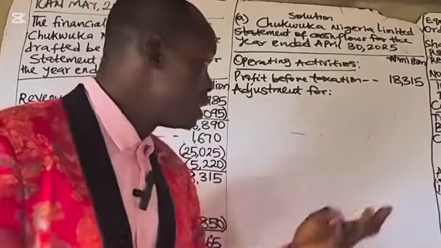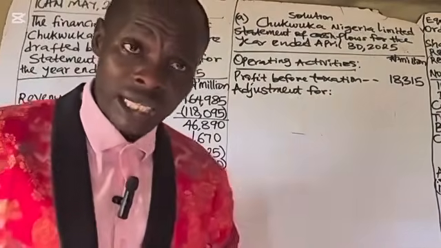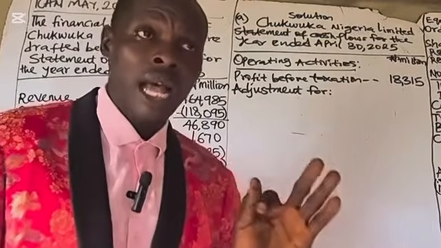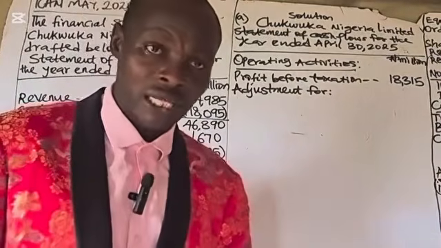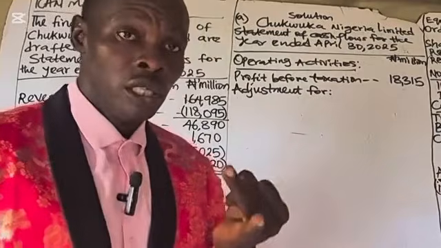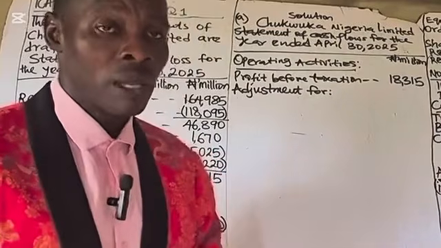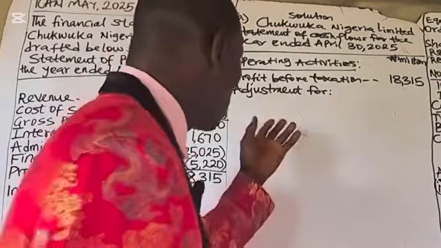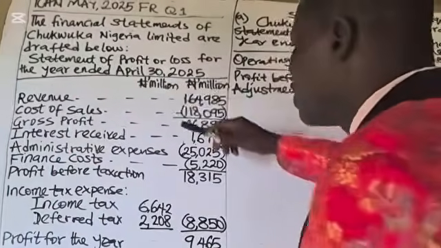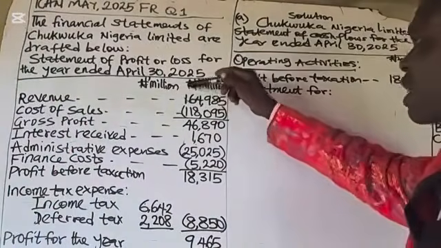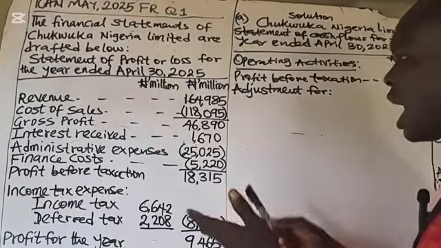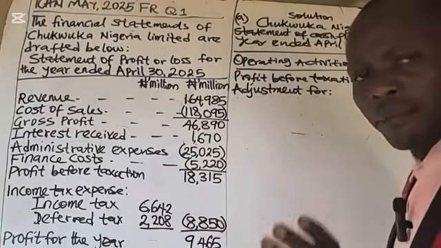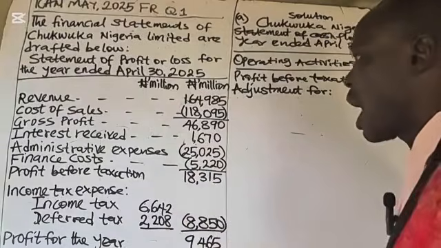The first are non-cash items, the second are items that do not involve the flows of cash, and the third one is working capital or changes in working capital. So now let's run our eyes through the face of the statement of financial position to see if there are any of the 3 items I've mentioned that will require adjustment.